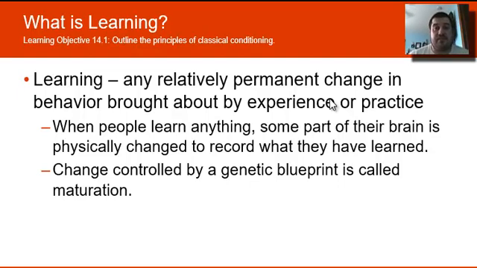Basically, it is a physical change in your brain that is brought about by learning something or going through some experience or practice, and coming out different on the other side. If we're talking about a change in the body, how you are physically matured, and that is controlled by your genetics, then we call that maturation.